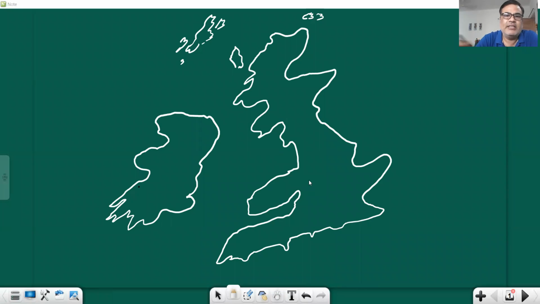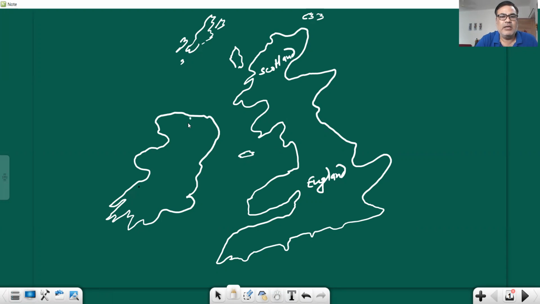Here you see a very simple outline map of England, Ireland, and Scotland. First of all, let us understand what sort of features are there, because it is very important to identify them. This part is simply called England. This is called Scotland.